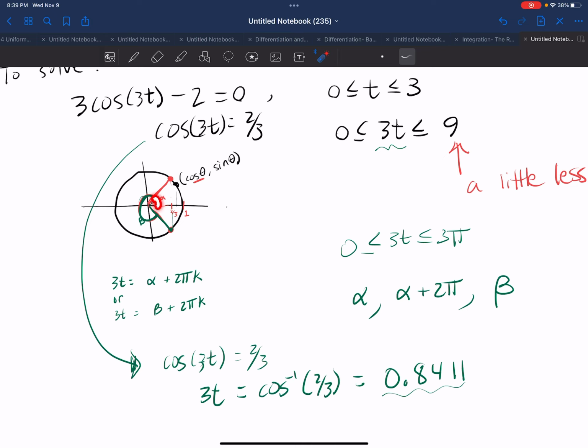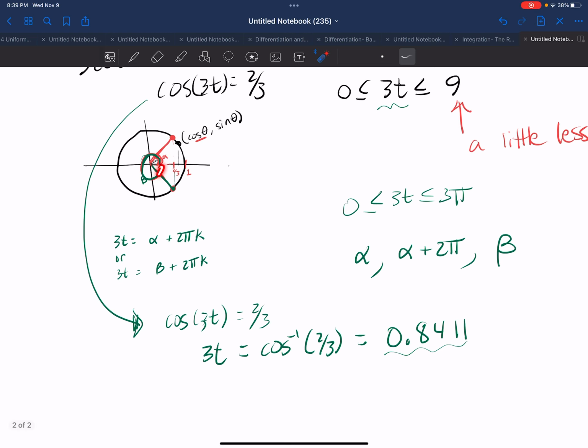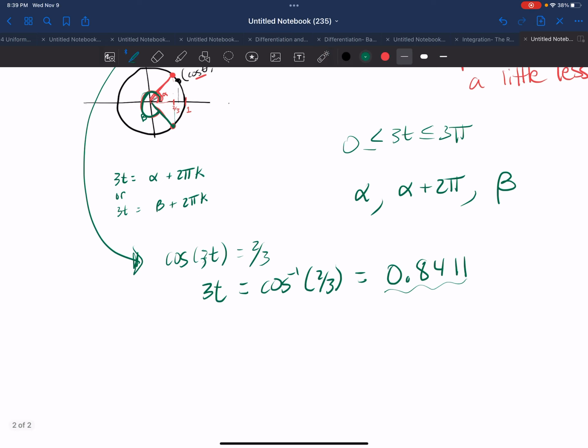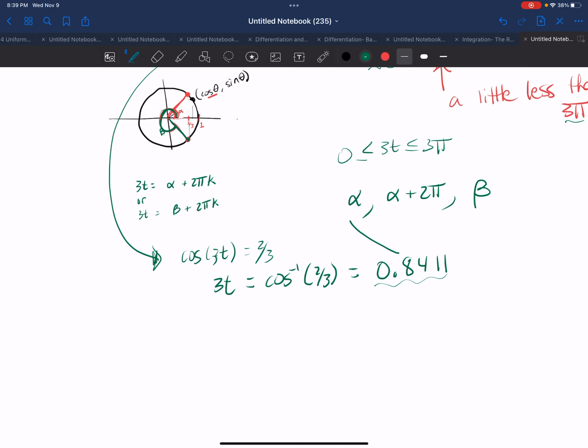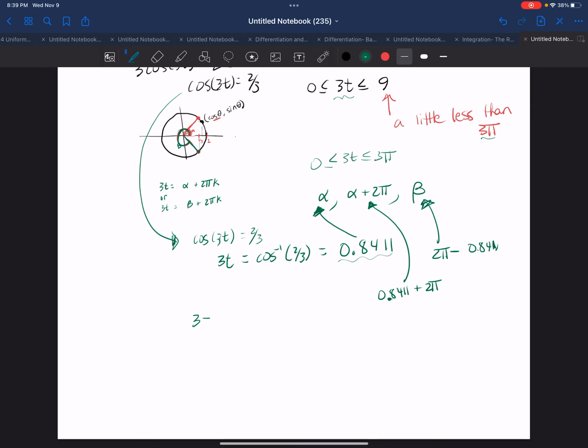Now I'm trying to get my 3 values here. Beta is going to be 2 pi minus 0.8411, and alpha plus 2 pi is going to be 0.8411 plus 2 pi. Okay, so I now have my 3 equations that I need to solve for t.